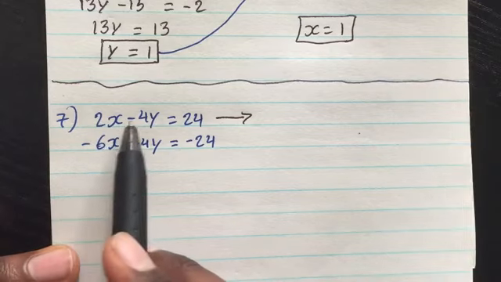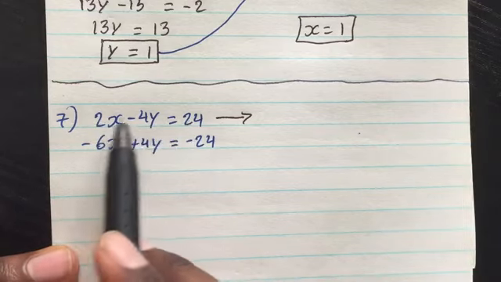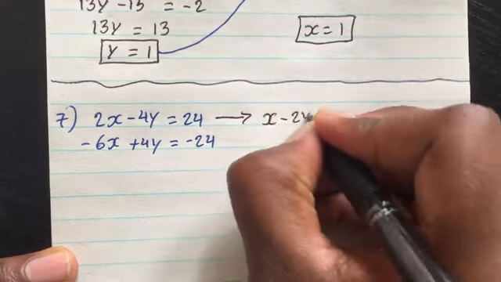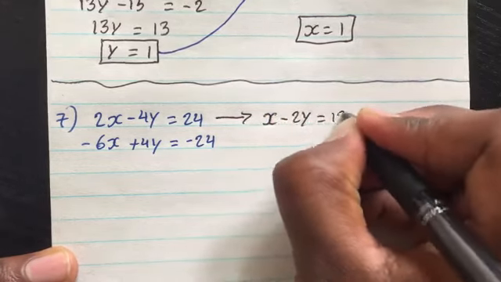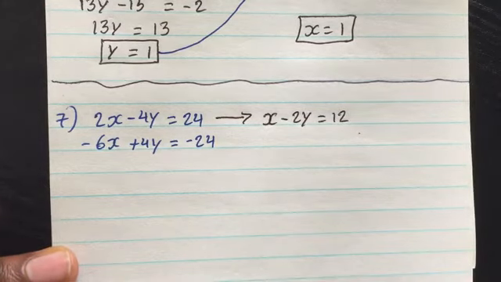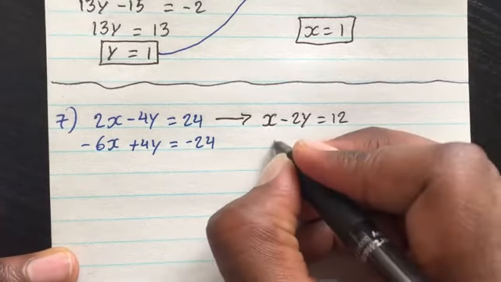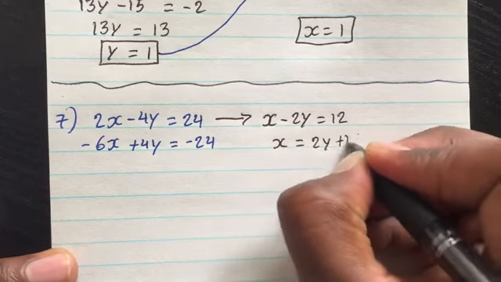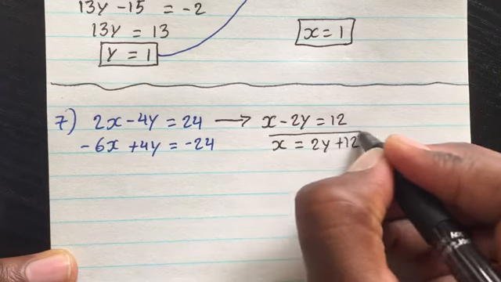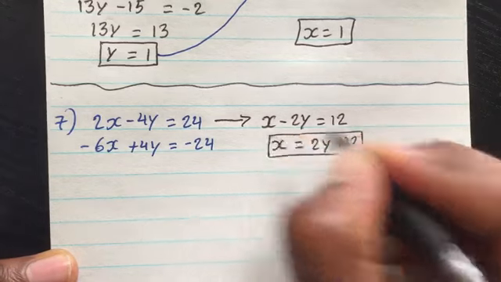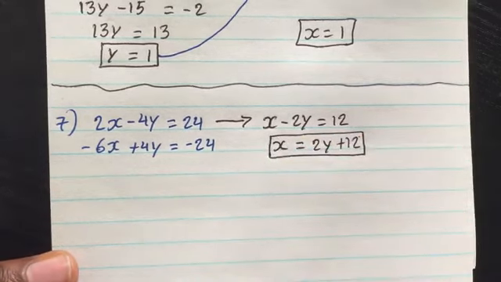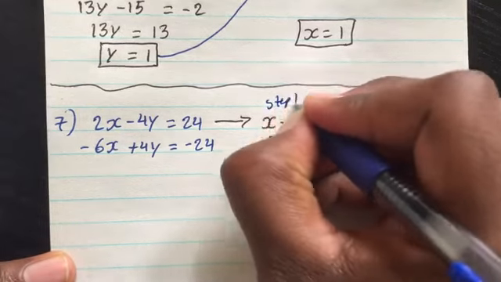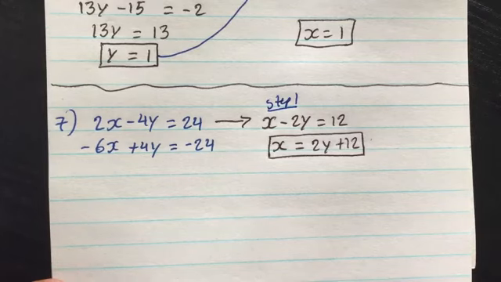So first, I'll simplify those. Divide everything by 2 to get x minus 2y equals 12. And then isolate the x, so plus 2y to both sides. That is my step 1: isolate one of the variables.